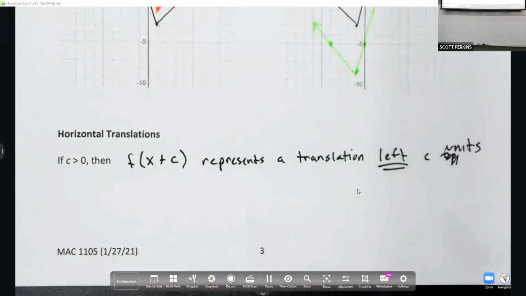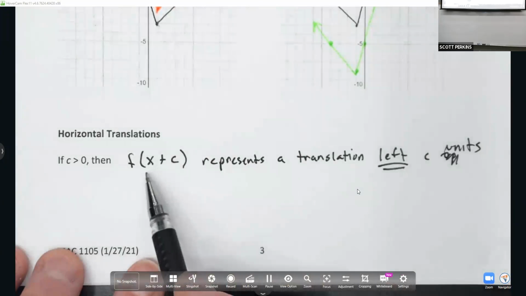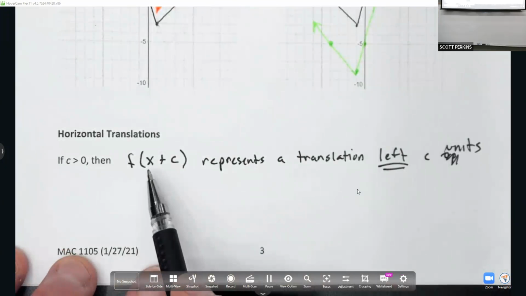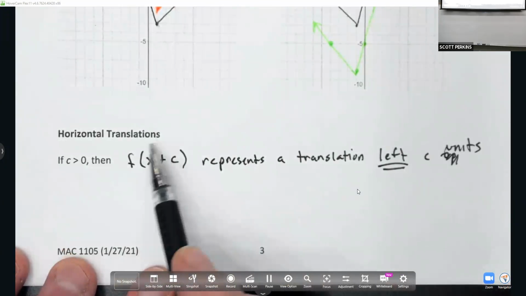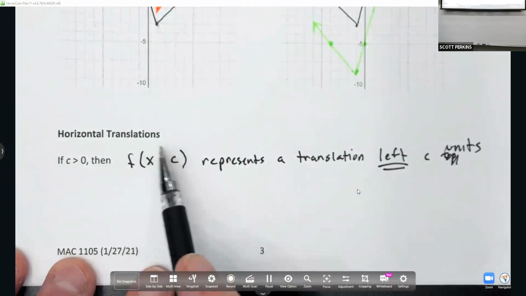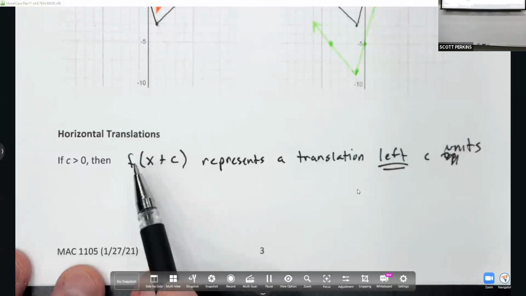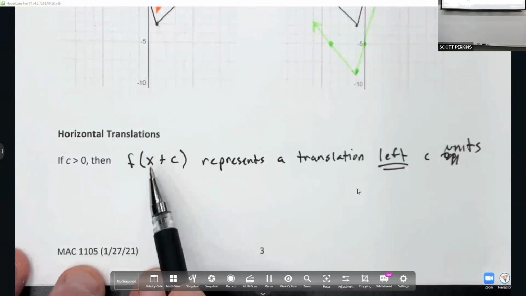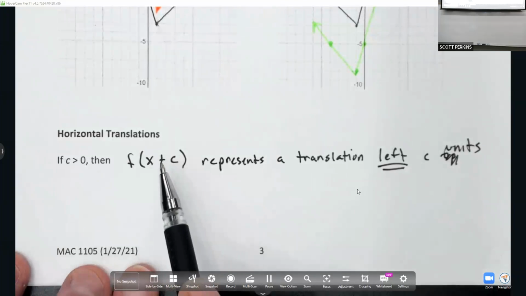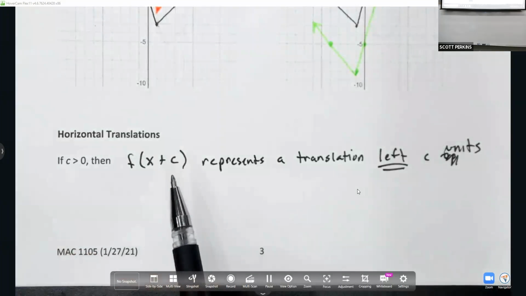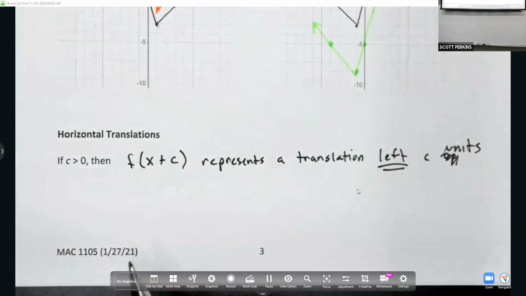It's the reverse of what we saw for the y values. The reason is because if I plugged in negative c for x, negative c plus c gives me 0. That was what would return the function to its normal. That's why it's the opposite, because of what the root of this function would be. So if that helps at all, maybe it does, maybe it doesn't, or you might just have to remember when you're doing things in the x direction, it's the opposite of what it looks like.